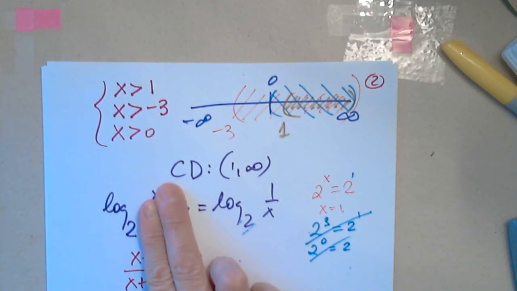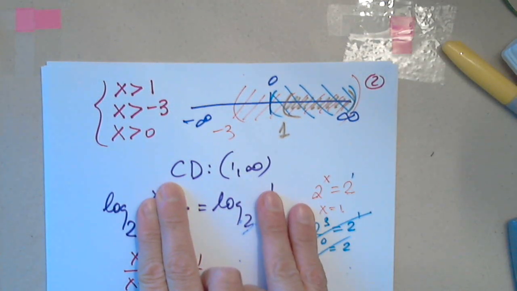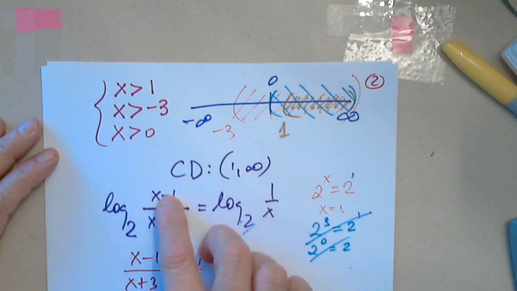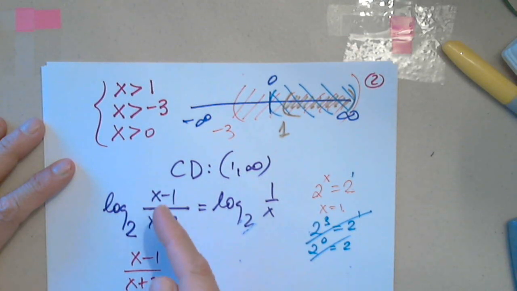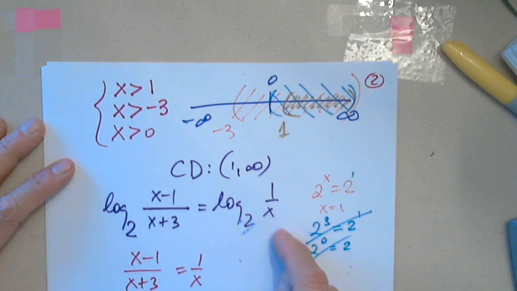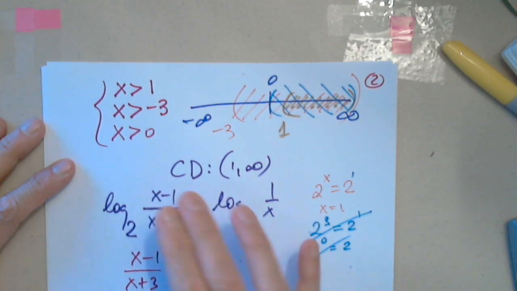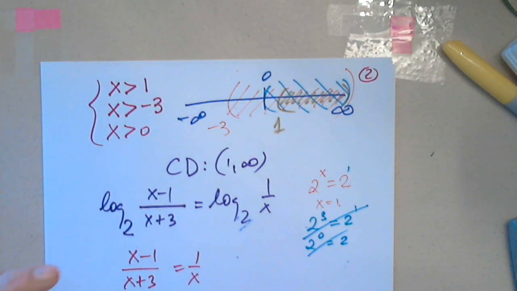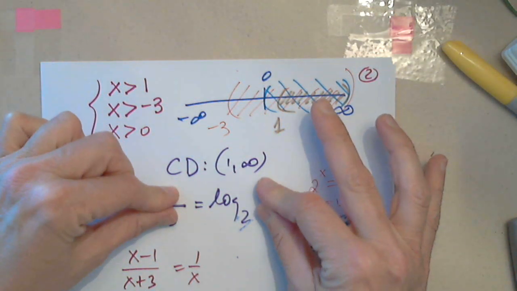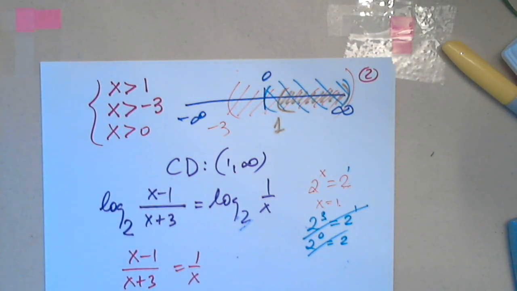Because I can't have here 5 and here 10, because log base 2 of 5 will not equal log base 2 of 10. I can't have here 15 and here 2, because log base 2 of 15 cannot equal log base 2 of 2. So if two logs are equal and they have the same base, these expressions have to be the same. Otherwise the left will not equal the right. Does it make sense? Yes.